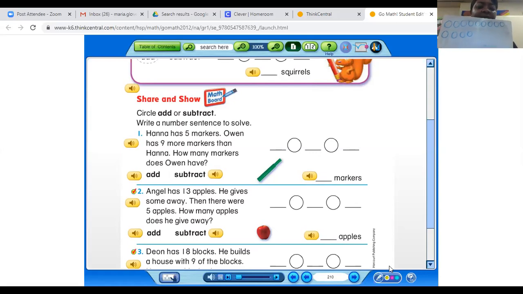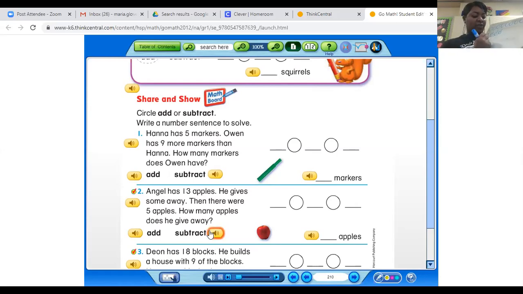So he had 13. He gives some away. I don't know how many he gave away, but if I know that he has 5 left, I can take those 5 away and I can figure out how many he did give away. So let's take away those 5. Okay, so in this situation, we are going to subtract.